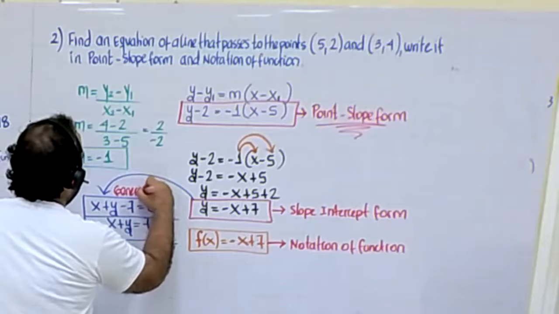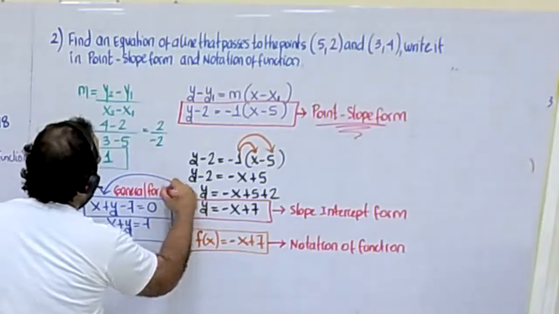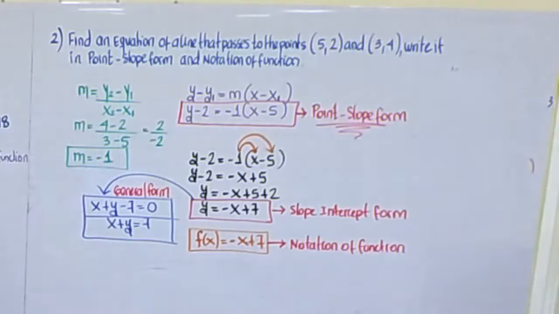And that's it. These are the 4 ways we can write the equation of the line: point slope form, slope intercept form, notation of function, and general form.